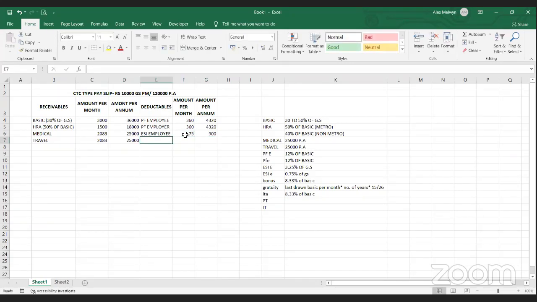Okay, so then you have ESI employer, which is again equal to 10,000 rupees into 3.25%. Okay, so this again will be the same.